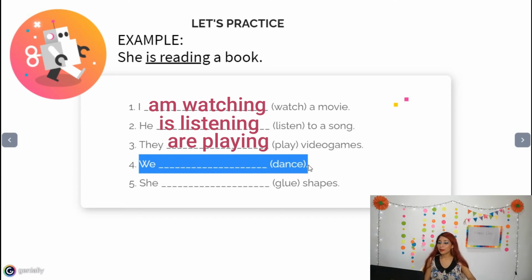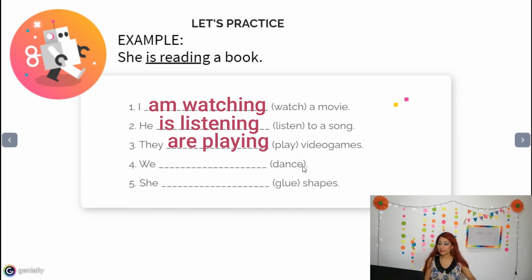Number 4, we blank dance. Remember, we have a verb that finishes with this letter. What do we do? If the answer that you said was we are dancing, your answer is correct and it is perfect. Excellent job.